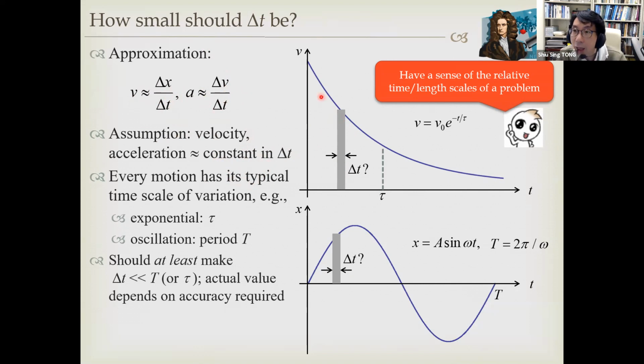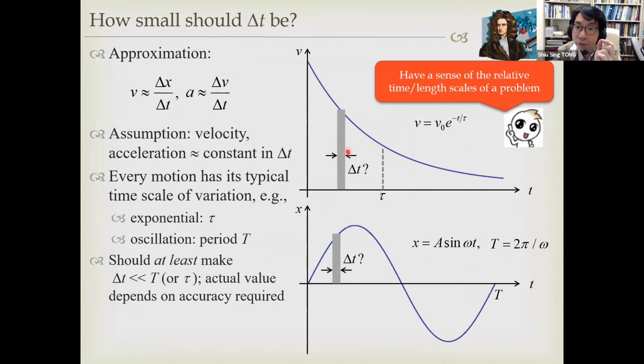We know that every system has a certain time scale of variation. For example, the velocity decays exponentially with time. We have tau as a time scale, right? When the time t is equal to tau, the velocity has decayed to only 37% of its initial value, right?